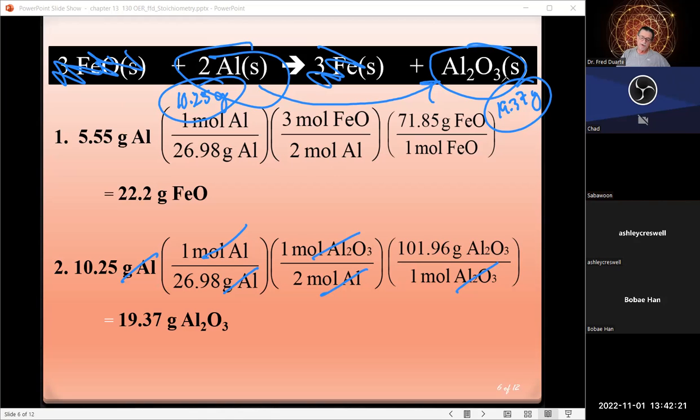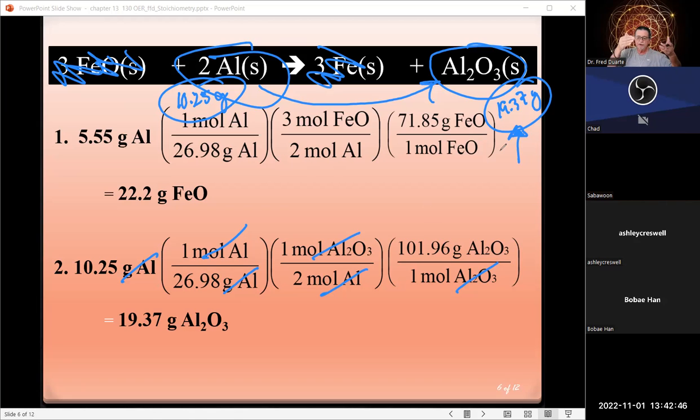But in reality, when you get into the lab, no reaction is 100%. After you go through the process of isolating, you might isolate half of that material, and you calculate the actual amount you isolated divided by the theoretical amount that you can make, which is in this case 19.37, and multiply that by 100, it gives you a percentage.